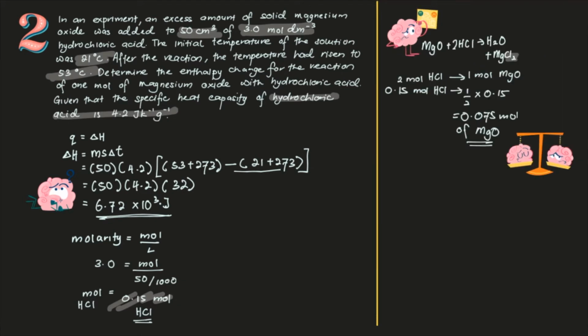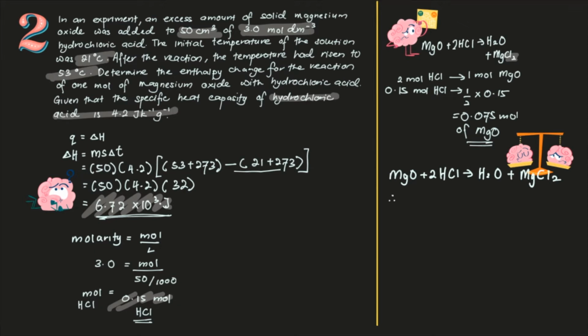Alright, so from here we can use the value of the delta H that we already calculated at the beginning of the question. We plug it into the balanced equation that we have written just now. So in other words, magnesium oxide plus 2HCl will produce water and magnesium chloride, right?